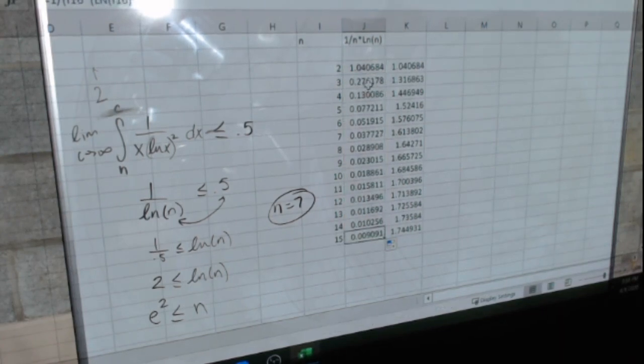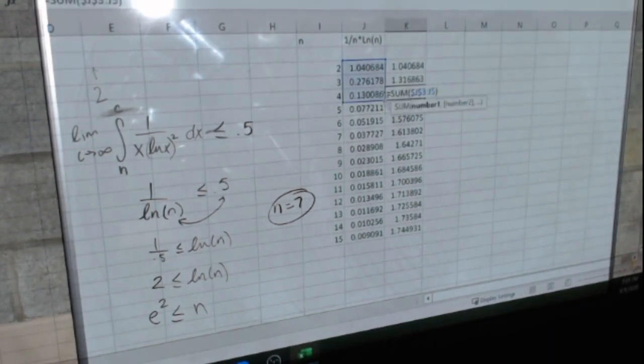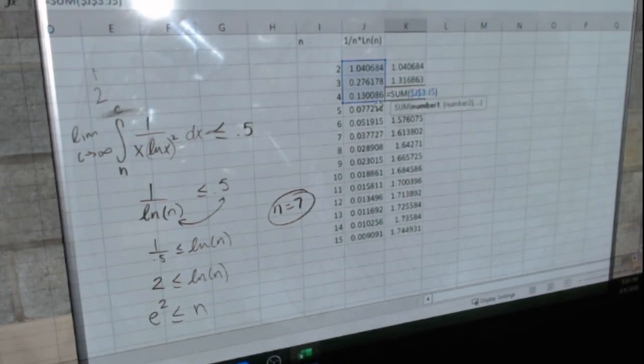Let's make sure these worked. Come on. I4 times log of I4 squared. I5 times log of I5 squared. Okay. And then this is the sum of the first 3 terms. And this one should be the sum of the first 8.